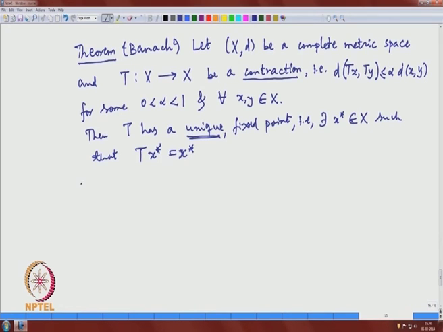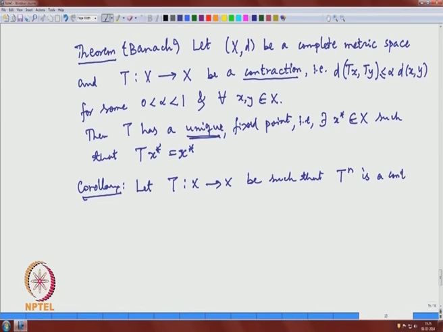Okay. As a corollary, in the same setting, let T from X to X be such that T need not be a contraction, but what we are assuming is that T^n is a contraction.